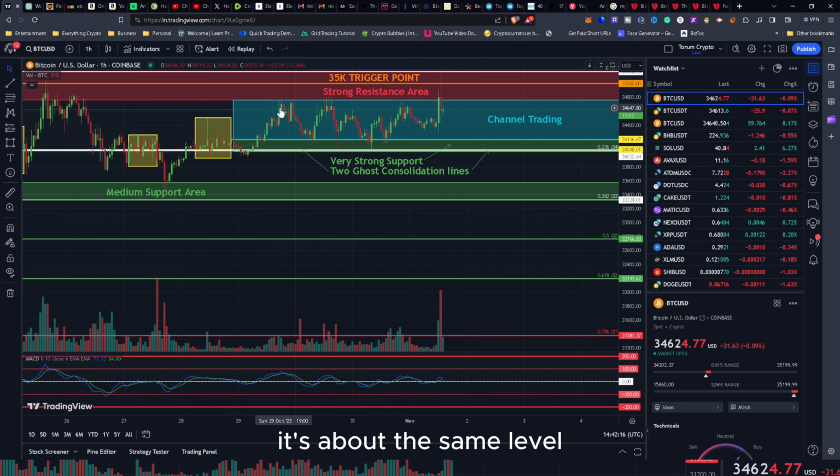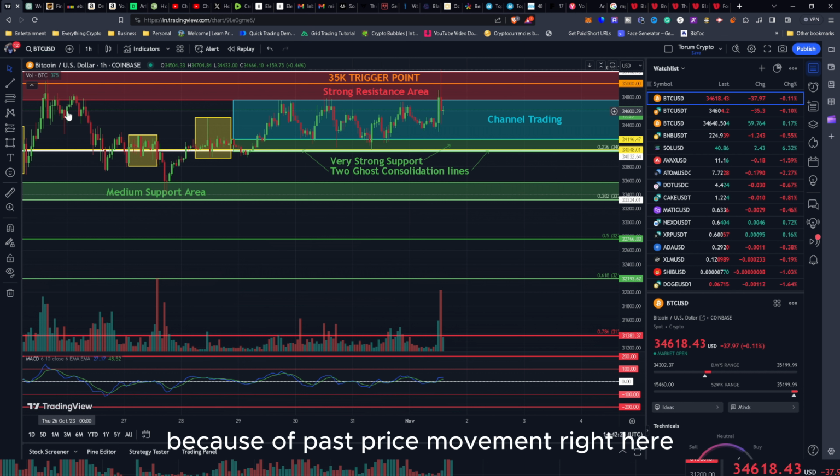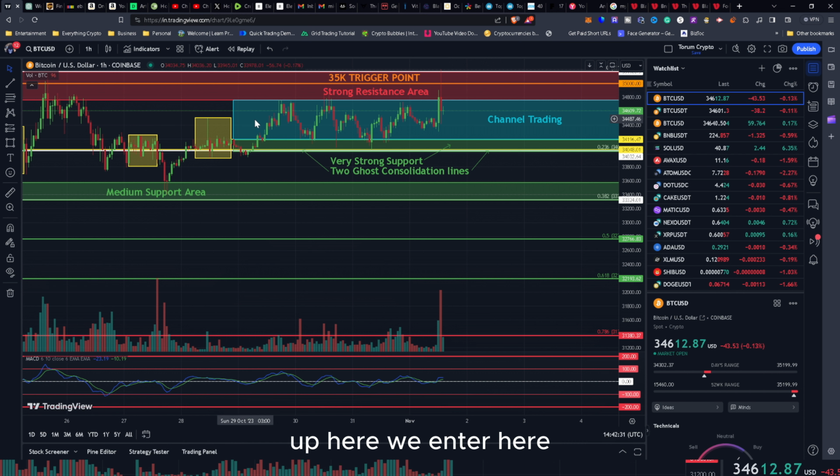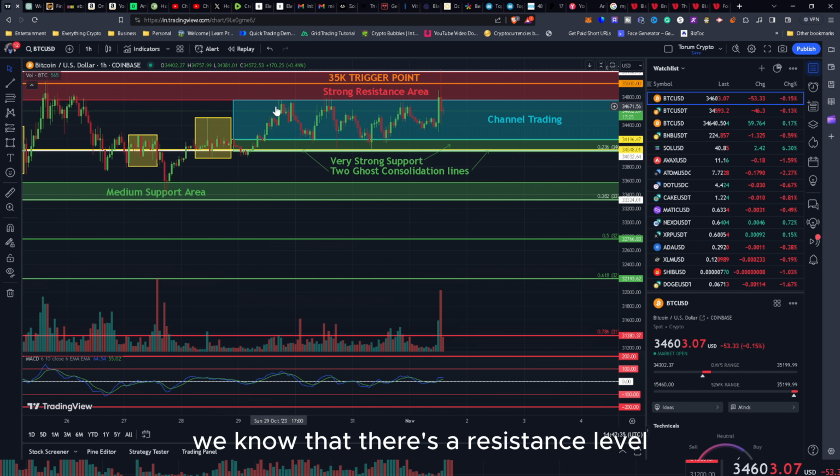It's about at the same level. So yeah, would have known to get out right around in this area because of past price movement right here. It's already shown that there's a resistance level up here. We enter here, we know that there's a resistance level somewhere around here.